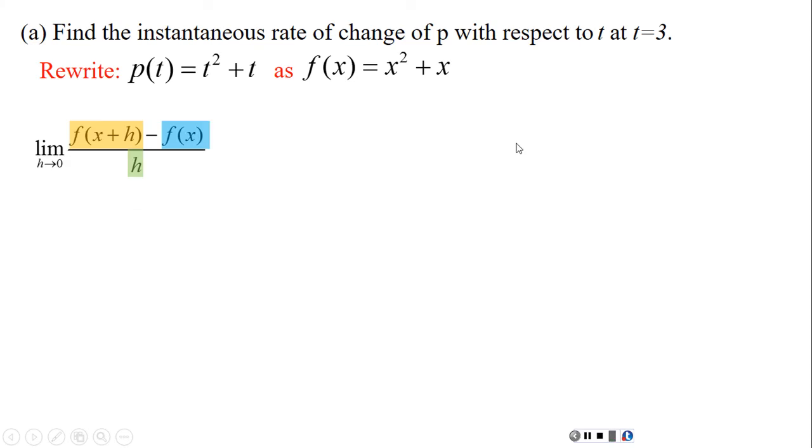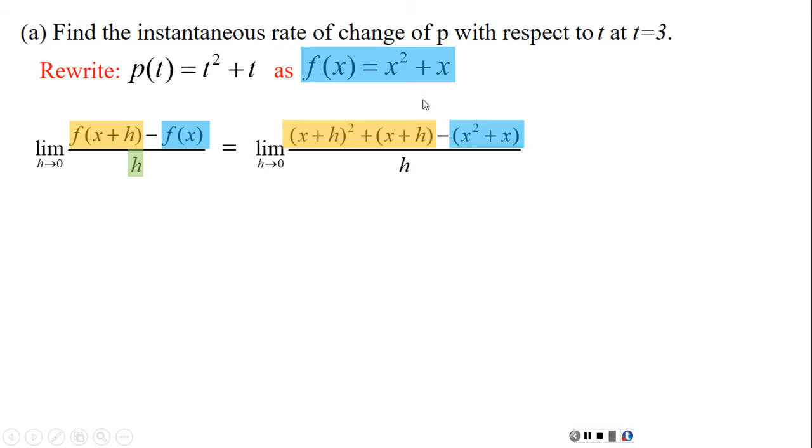Okay, so that is my f of x. For f of x plus h, everywhere I have an x, I'm going to replace it with x plus h. And so instead of x squared, I have (x plus h) squared. Plus, instead of plus x, I have plus (x plus h). So I just replace my x's with x plus h.